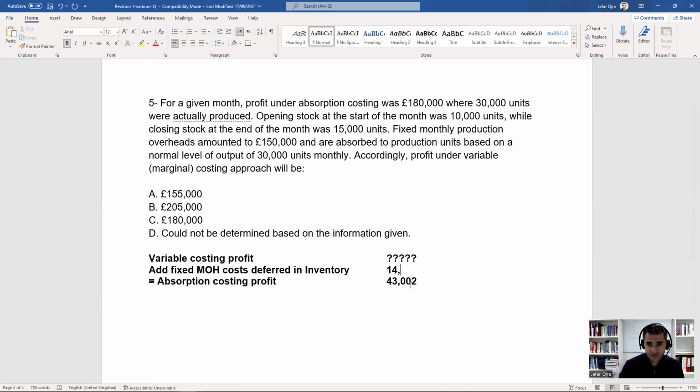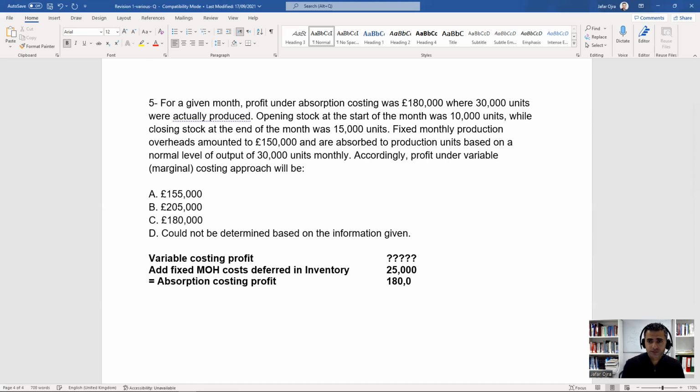Let me write it down. 25,000. So now we know the profit under absorption costing. The question tells you the profit under absorption costing is 180,000.